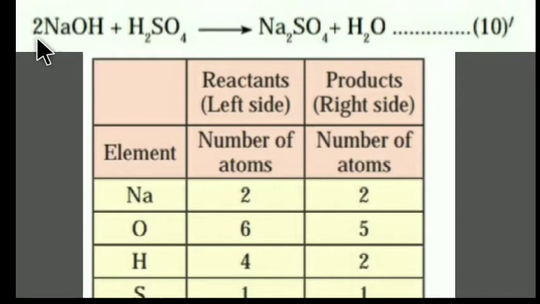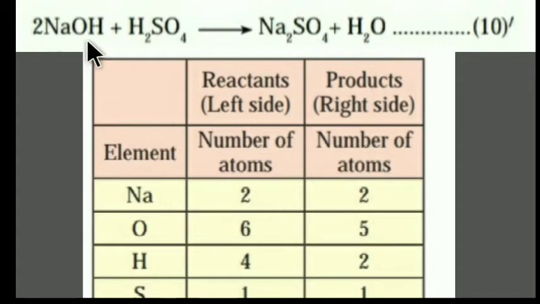These 2 oxygen, because this factor 2 is for oxygen also, plus these 4 oxygen, the number of oxygen is 6 here. On the right side, the number of oxygen is 4 here and 1 here. Hence there are 5 oxygen.